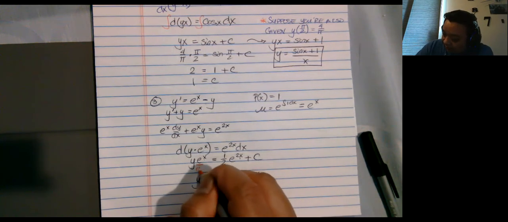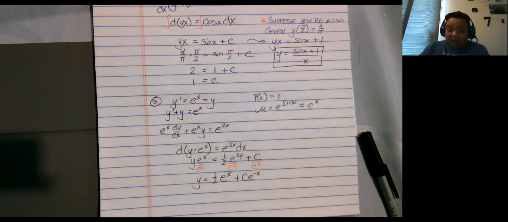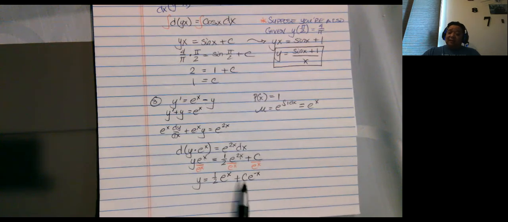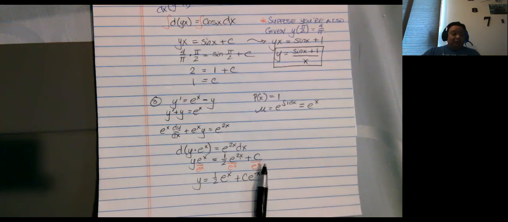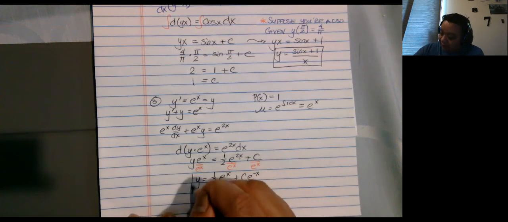So you're dividing by e to the x into everything, including the C. That's probably one of the more common mistakes I see on a test: you divide by e to the x, but you don't do it to your constant. Everything gets divided, right? You're doing this algebraically. And so you have to divide that to every term, which means you're going to get this as your final answer.